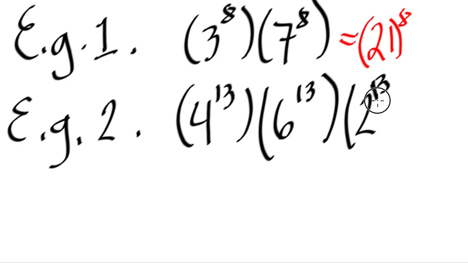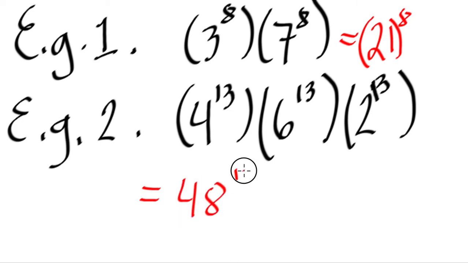What's the answer? I'll give you time to think about that. Okay, so what's the answer? Again, since the exponents are the same, what we're going to do is just multiply the bases and then copy the exponents. So 4 times 6 is 24. 24 times 2 is going to give us 48. That's going to give us 48 raised to 13. And this is our answer for number 2.